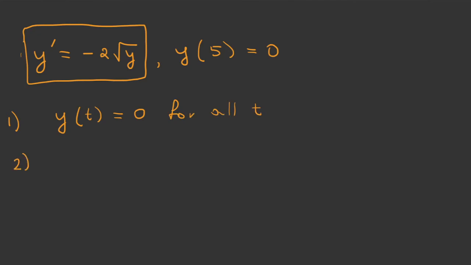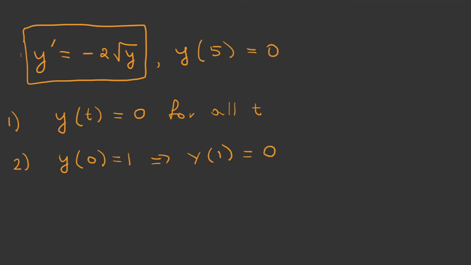Our object could be starting at y equals 1, right? So we can look at the solution where we suppose y at 0 equals 1. Well, then we know that y at 1 equals 0, right?